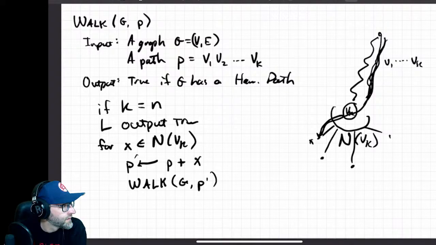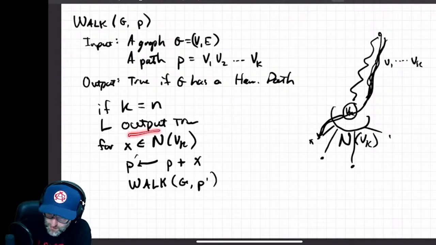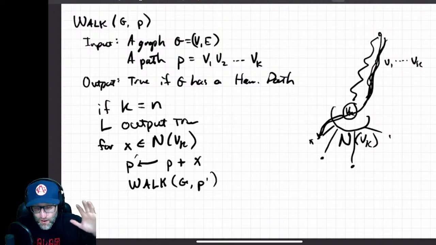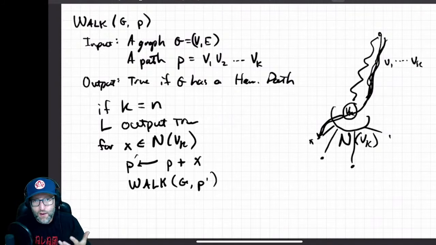And by virtue of us outputting true here, we don't need to return anything. That represents the termination of the algorithm and the output of true. Of course, if you're actually programming this, you don't want to exit, like we did with our demonstration earlier, where we exited if you didn't give enough command line arguments.